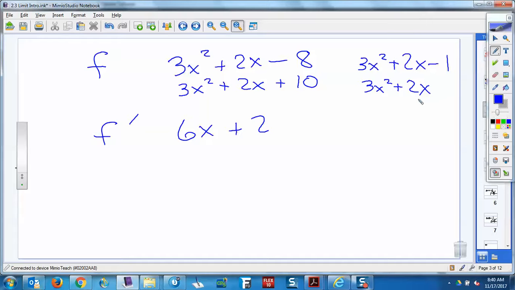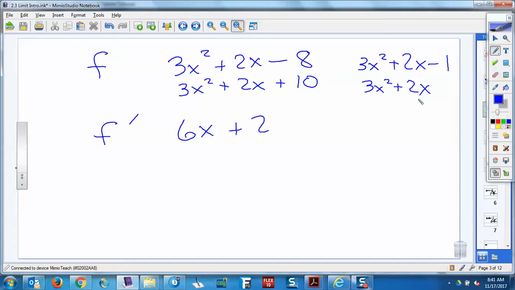Hold on a minute. In chapter 1, when we were graphing f primes, we started with a single f prime, like 6x plus 2. And we said we're going to draw the f graph. How many f graphs went with that one f prime? Remember, we didn't know where to start? We said if we know the f prime, we know the slopes, but we don't know where to start. So we pick a point. And we said there's an infinite number.